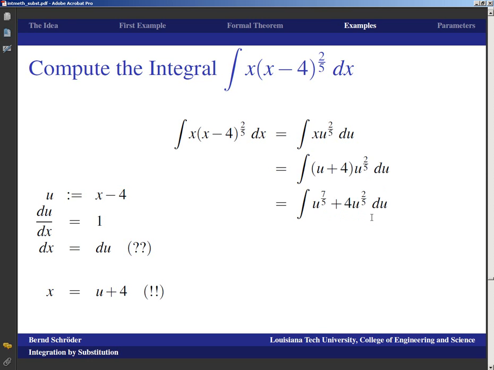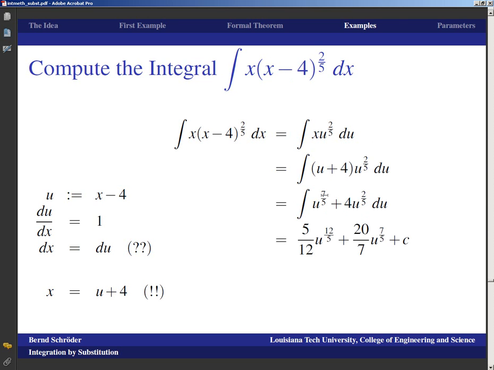And you can see at this stage why the substitution is advantageous. It allowed us to take a difference or a sum. Well, a difference is just a sum with a negative second summand, right? It allows us to take the sum that is inside the function and turn it into a sum that is outside the function. These things we can now integrate. This we could not.